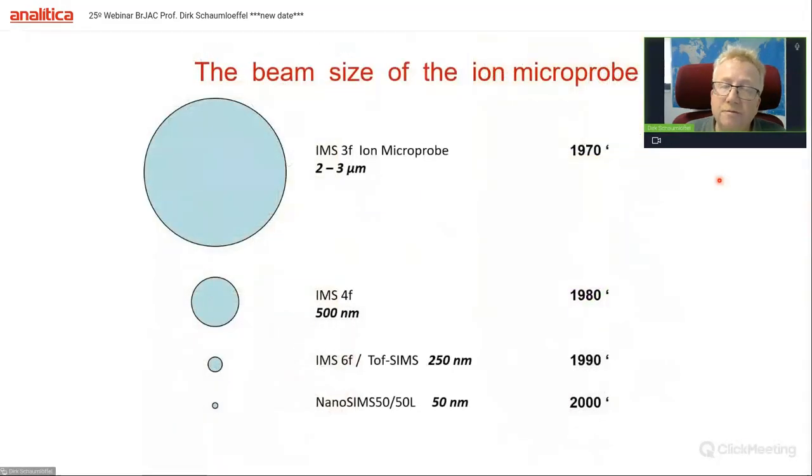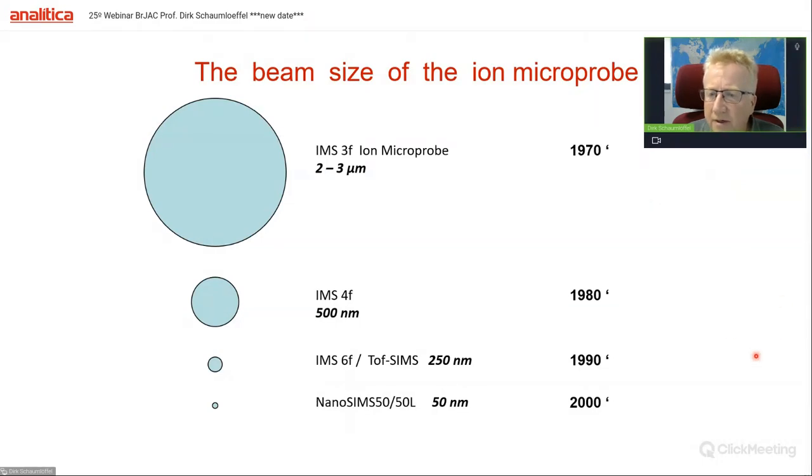And the evolution of all these techniques, you can also see here when we look at the beam size of the ion probe or the ion beam. In the 70s, it was a diameter of 2 to 3 micrometers.